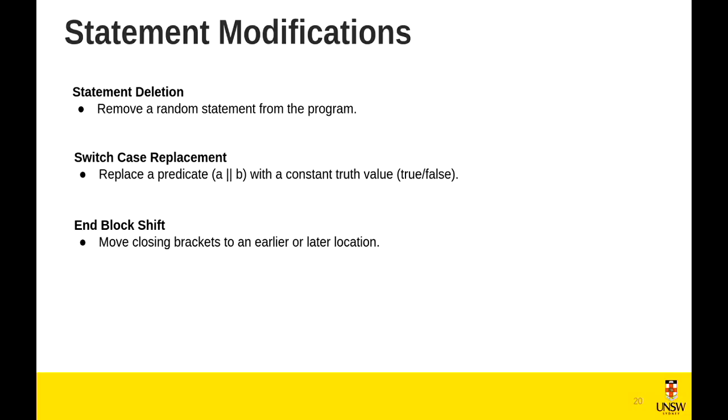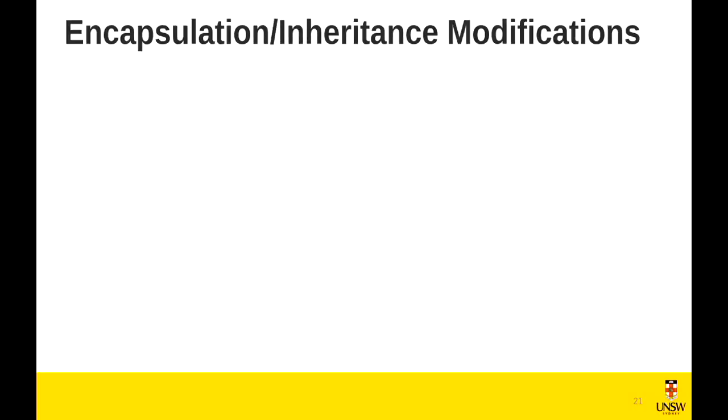And we can also shift the end block. Most code blocks are wrapped by brackets, and we can move the closing bracket to an earlier or later location to enlarge or shrink the size of this code block. So this can also create some variations. That's all about statement level.